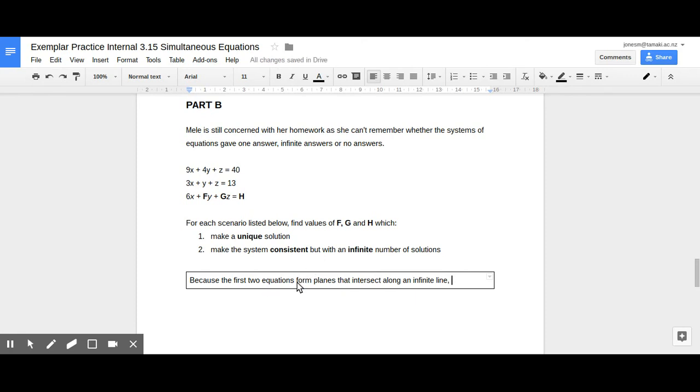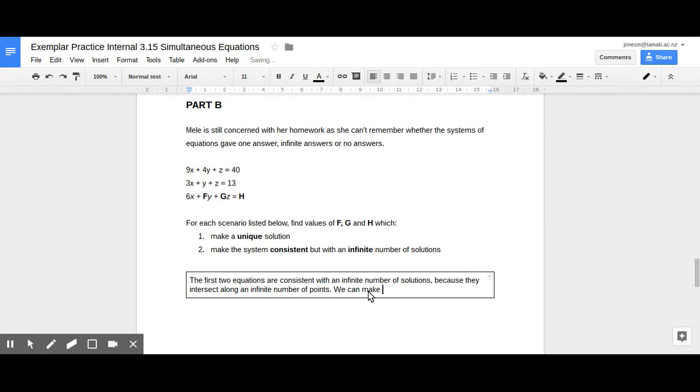Also, because the first two equations are consistent with an infinite number of solutions, because they intersect along an infinite number of points. So, alright, let's start again. The first two equations are consistent with an infinite number of solutions because they intersect along an infinite number of points.